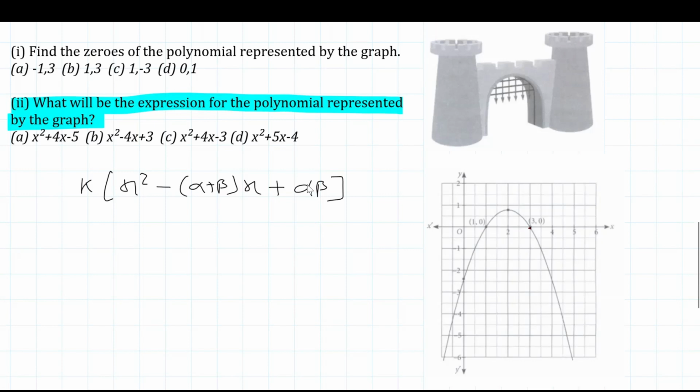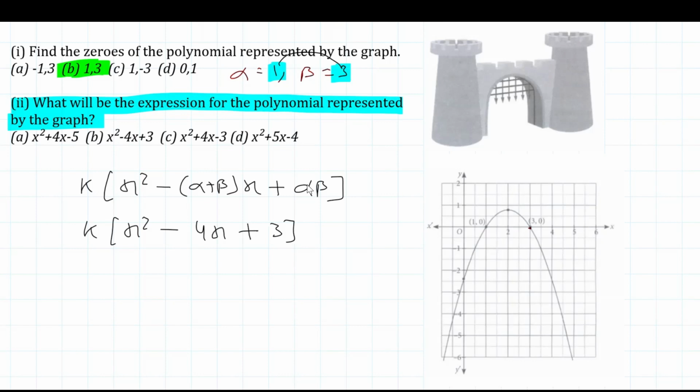Now what were the zeros? The zeros we have obtained as 1 and 3, so taking alpha as 1 and beta as 3. If I write down the polynomial over here, it's going to be k times x square minus the sum of the zeros, that is the sum of alpha and beta, which is 4, times x, plus the product of the zeros, and the product of 1 and 3 is 3.